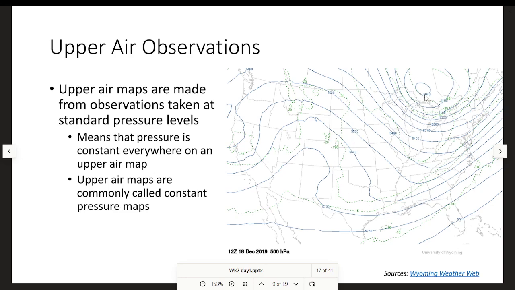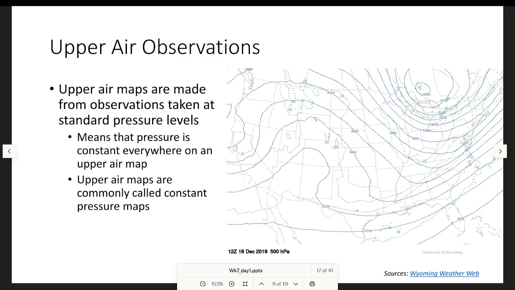So yeah, for instance here, I'm assuming this is a low because it's within a trough and it's closed off. It's 5,040 meters above sea level. But over here, the same pressure level, so this is 500 hectopascals, this over here is also 500 hectopascals, but this one is 5,700 meters above sea level.